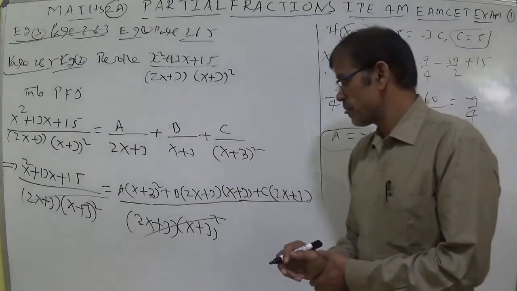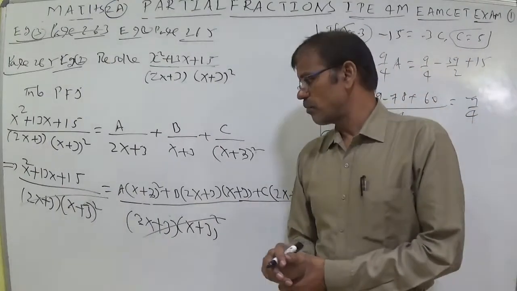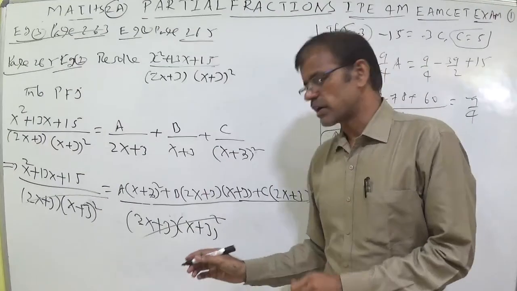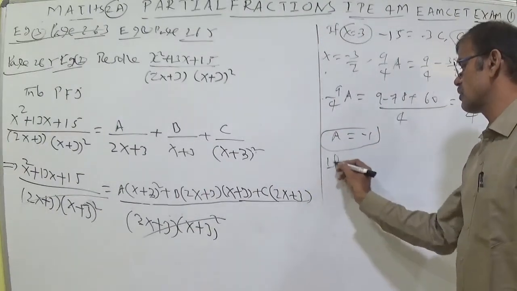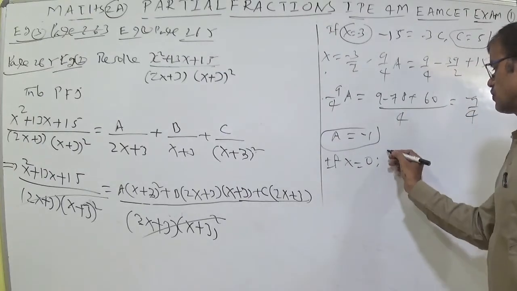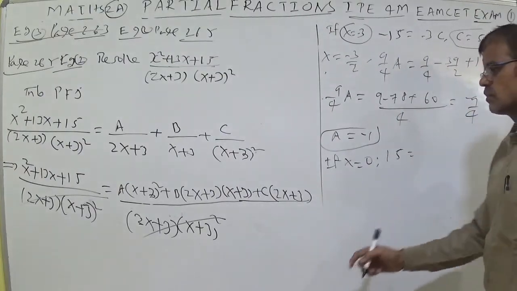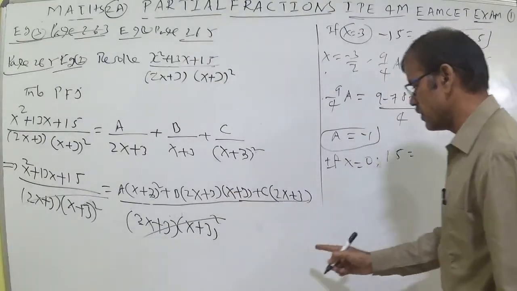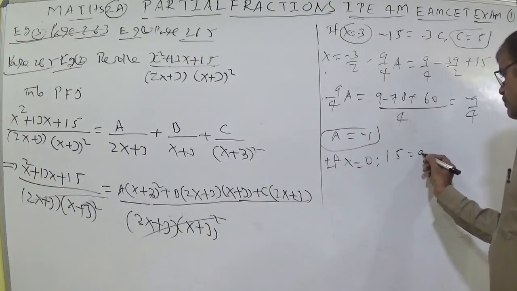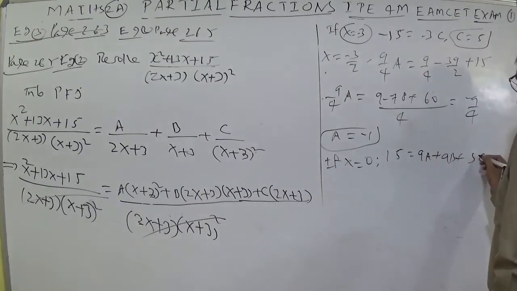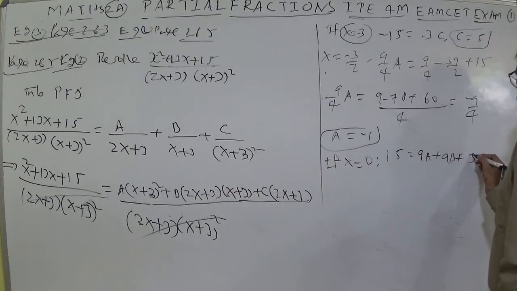A = -1 we got, C = 5 we got. Using the zeros of the polynomial is completed. Now put x = 0, it is a better choice. If x = 0, then 15 = 9A + 9B + 3C.